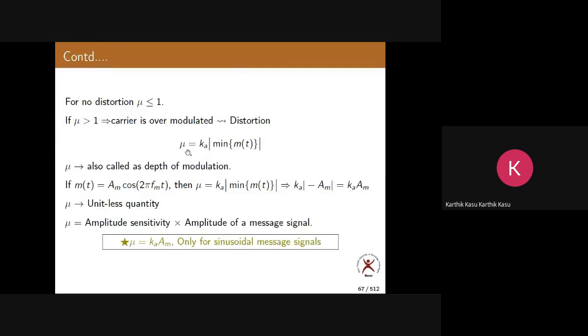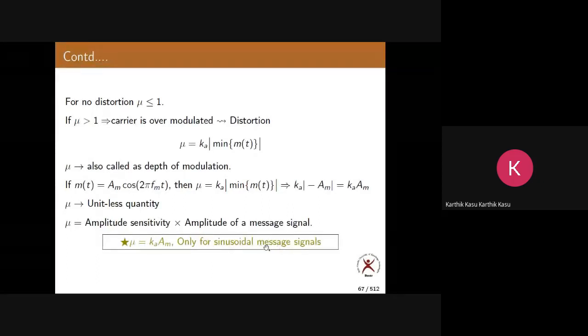It is the formula for any arbitrary signal. Here I have assumed that m of t equal to Am cos 2 pi fm t, and we derived mu equal to Ka into Am. So whatever I write as mu equal to Ka into Am is valid only for sinusoidal message signals. Please remember this.